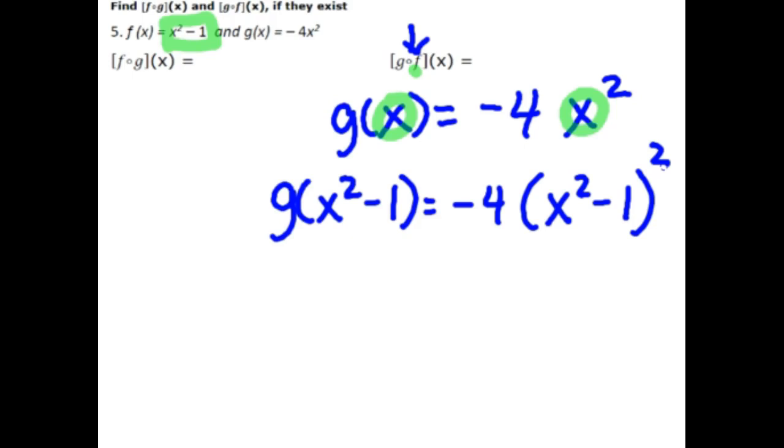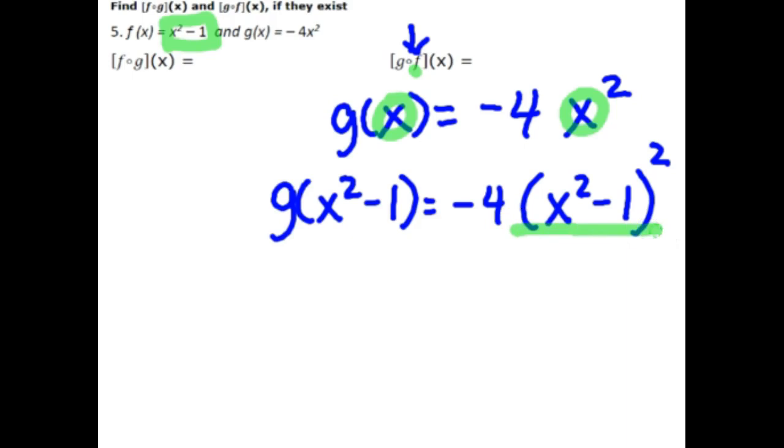Can I distribute the 4 into the parentheses? Do you see that this parentheses is squared? You cannot distribute into a parentheses that's squared. You can only distribute into a plain parentheses. So what does that mean I have to do with this?